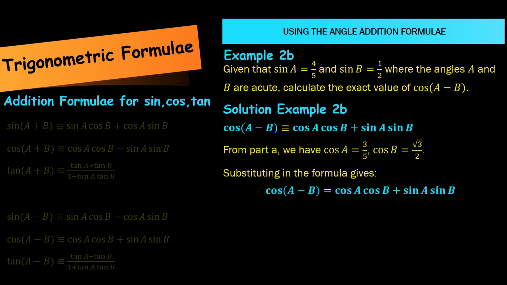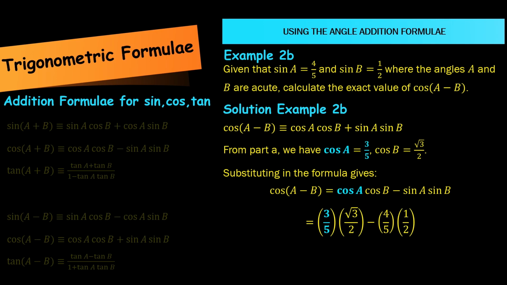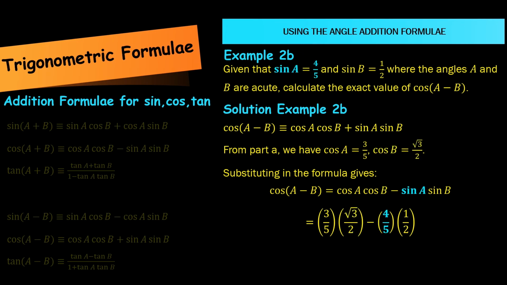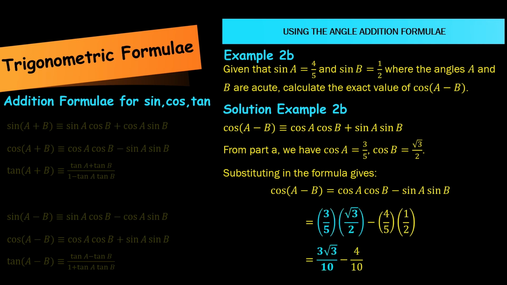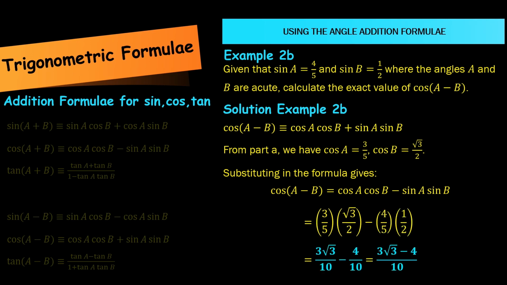So if we substitute the values into this formula, we obtain 3 over 5 times root 3 over 2 minus 4 over 5 times a half, to give us 3 root 3 over 10 minus 4 over 10, which is equal to 3 root 3 minus 4 all over 10.